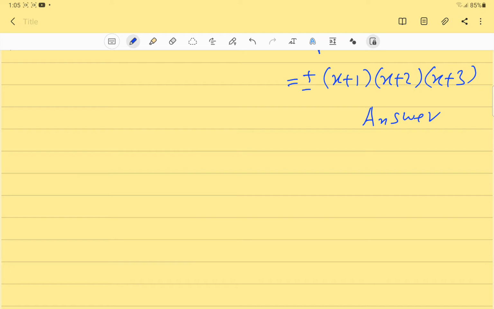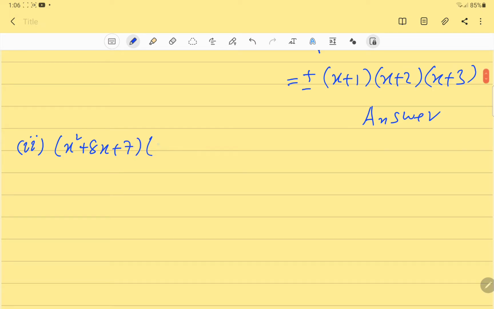Let's move to our second question. Our second question is x squared plus 8x plus 7 in one bracket.